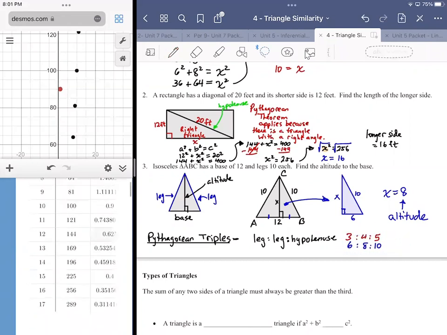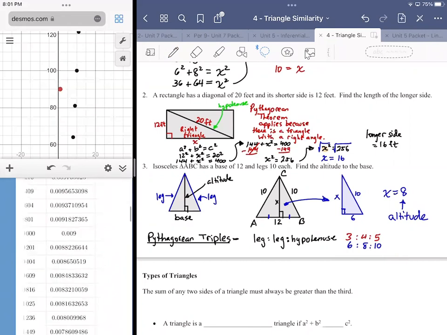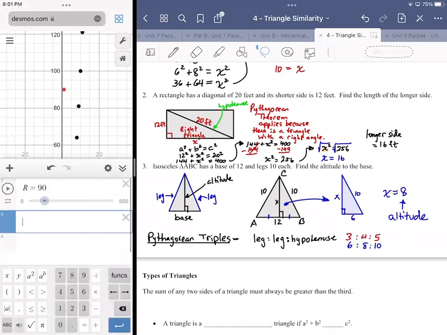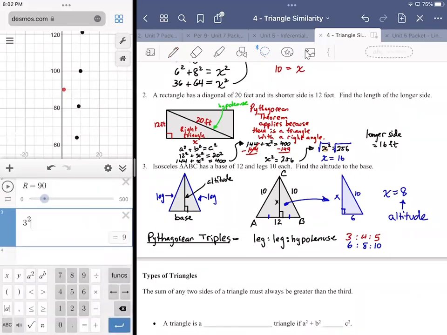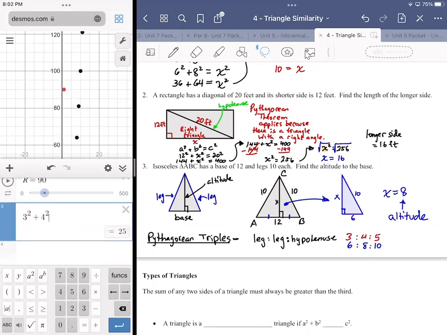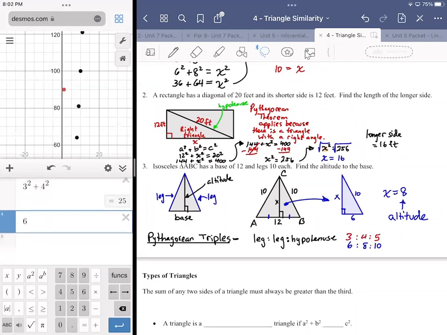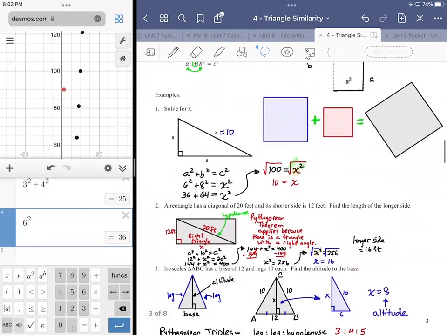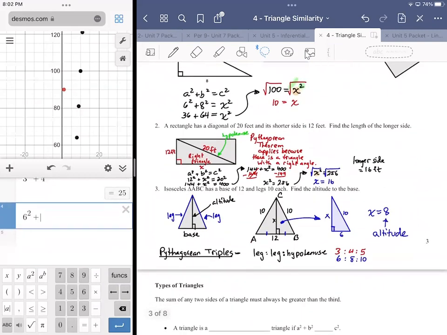Meaning if I take 3 and square it, let me just do it this way instead of scrolling down 500 units. If I take 3, square it, add to it 4 squared, I'll get 25. That's what 5 squared is, right? So that checks out. 8 squared, that gives a 100. That's what 10 squared is, all right?